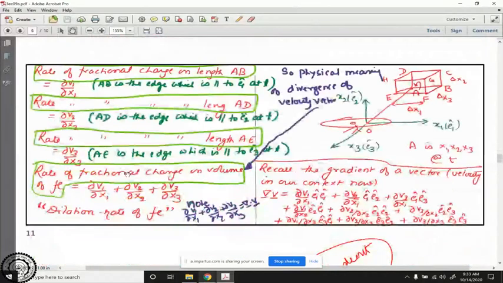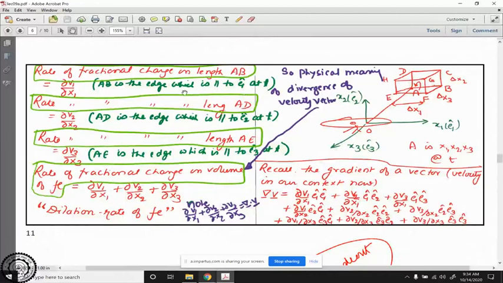All right, so this is the rate at which the fluid element is rotating. Now the other questions also we can answer based on pattern recognition. The other relevant questions for the fluid element are the rate of fractional change in length AB. What is AB? AB is the edge which is parallel to E1 at time t.